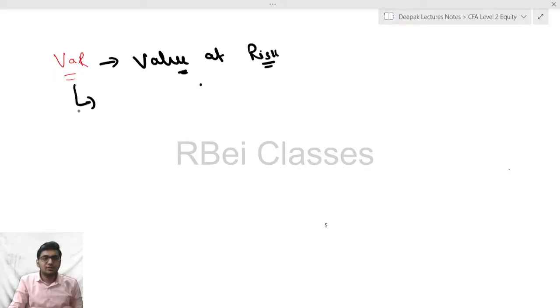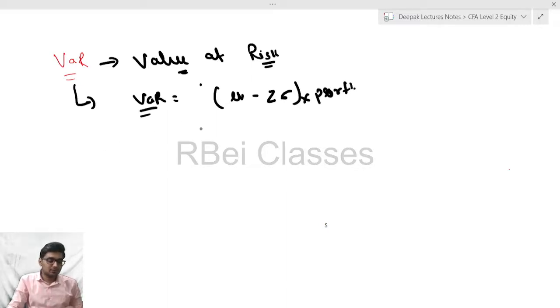First of all, what is the formula if I want to calculate the VAR? It is mu minus z multiplied by sigma multiplied by the portfolio value, if you want to find the value in absolute terms. Clear?